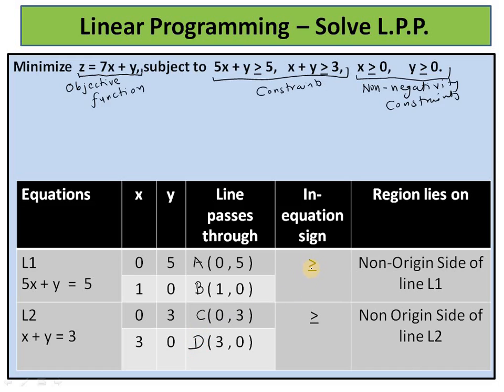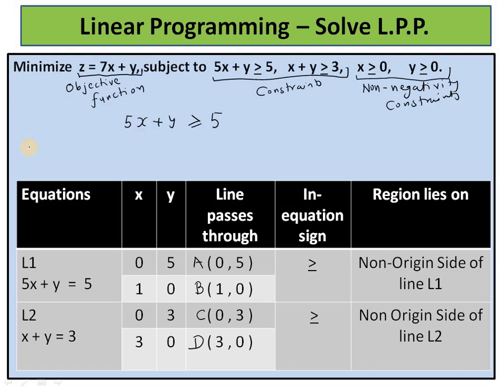Now these are the inequation sign. We have to decide whether it is on origin side or non-origin side. How we do this? Let us consider inequation 5x plus y is greater than or equal to 5.